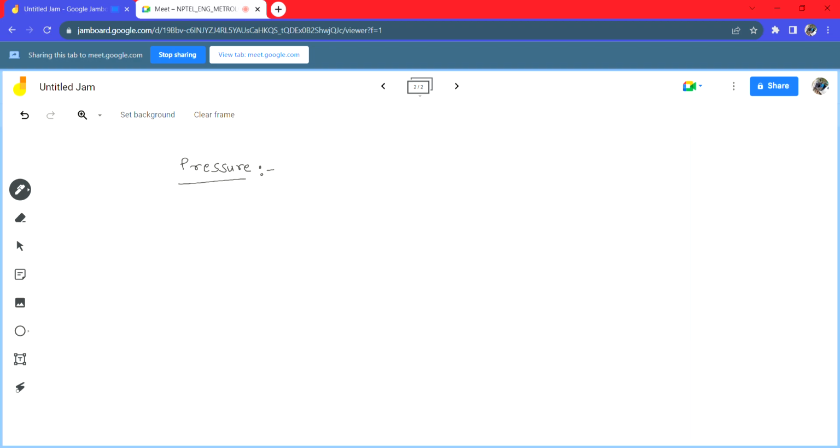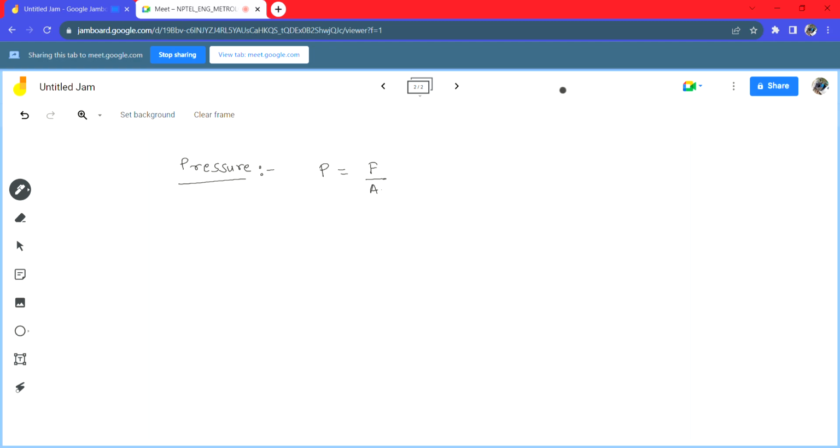Now, to understand the pressure transducers, let us quickly recap what pressure exactly means. So we all know that in mathematical terms we say pressure is force per unit area.